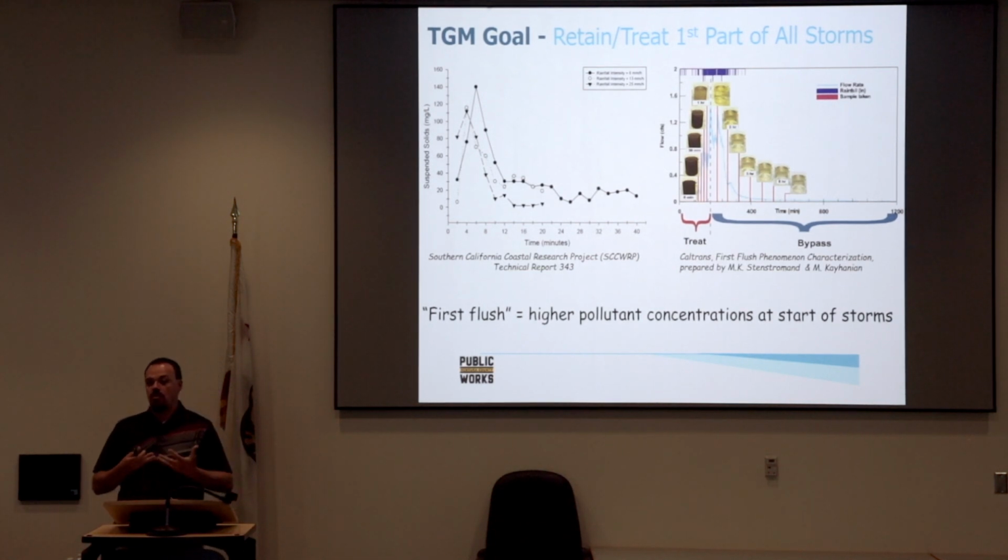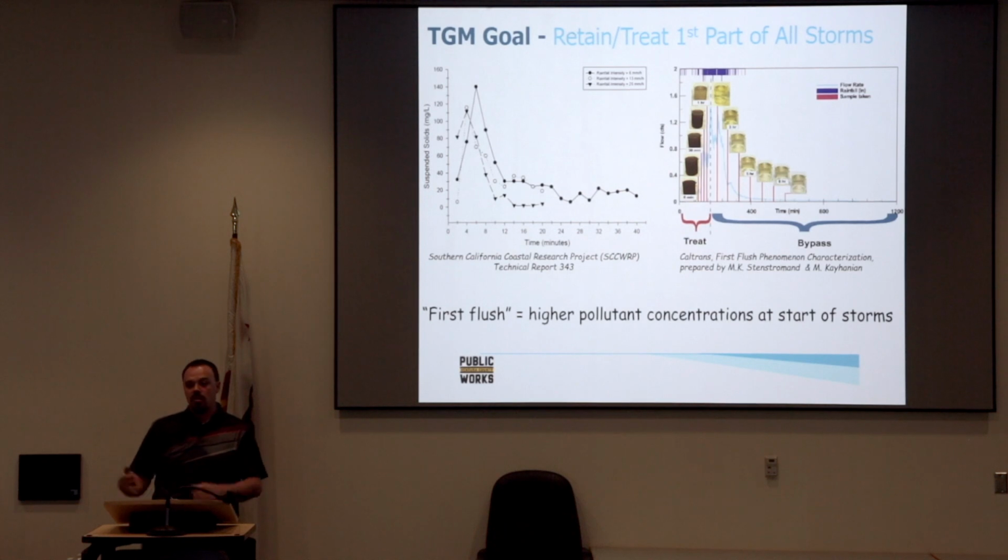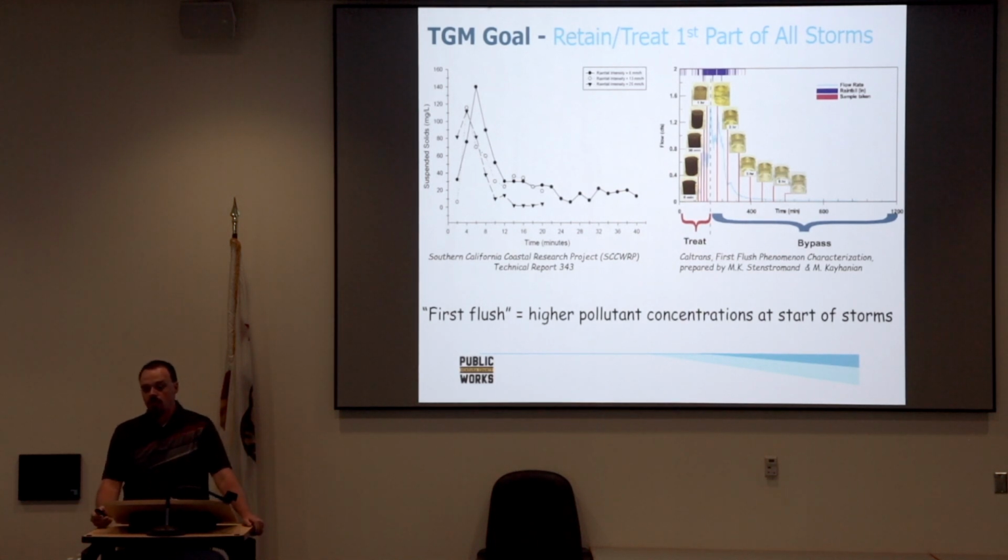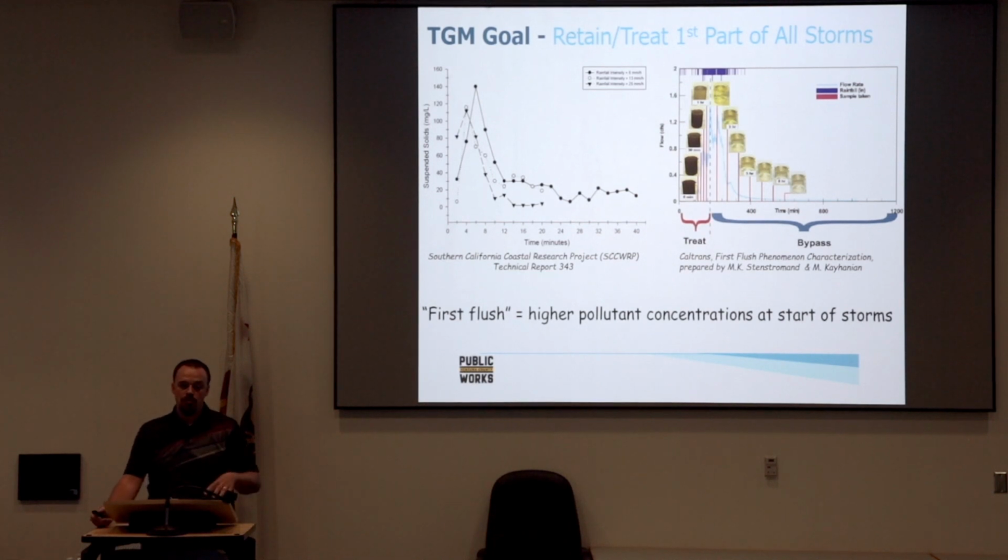So when it rains, that first flush of water takes the majority of those pollutants with it. The first part of a storm, generally about the first 20 minutes of any storm, is usually the highest in concentrations. And that's really what the TGM is trying to do: put that 0.75 inches that you have to retain on site for every area, so that you're containing and retaining the highest pollutant concentrations of every storm.